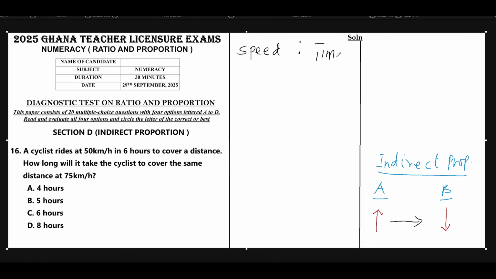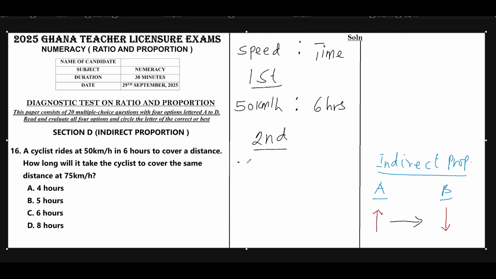So the first instance, the speed here was 50 kilometers per hour and the time was 6 hours. Now the second instance, we have to find how long it will take the cyclist to cover the same distance at 75 kilometers per hour.